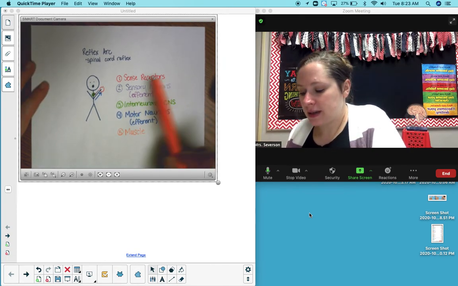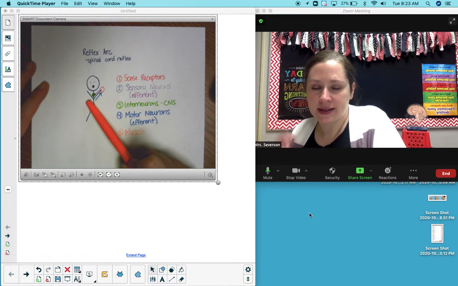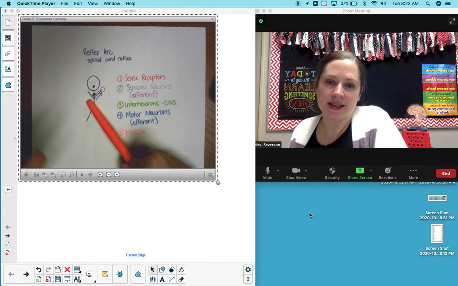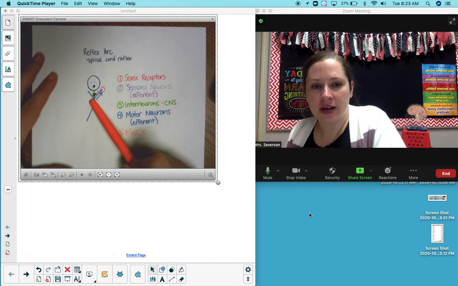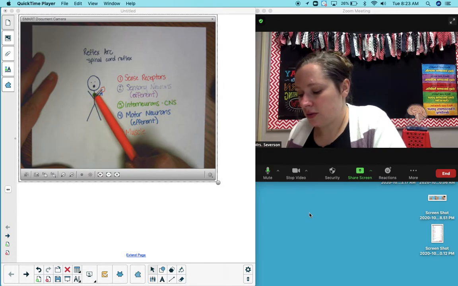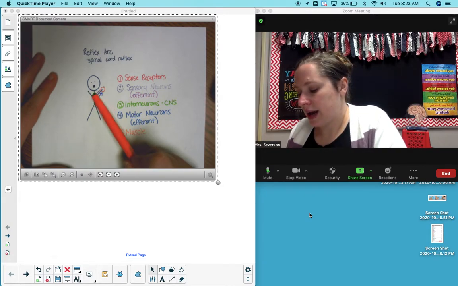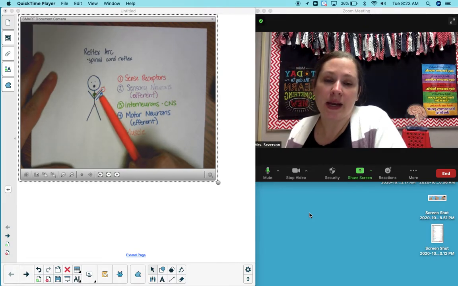The sense receptor then is going to send that message to the sensory neurons, and the sensory neuron has to go to the spinal cord regardless. If it's injury or not, sensory neurons have to send information to the central nervous system. Because this is injury, the spinal cord is going to activate the reflex. So this interneuron is going to tell the motor neurons that it has to move the bicep, so that you can move your hand from the injury.